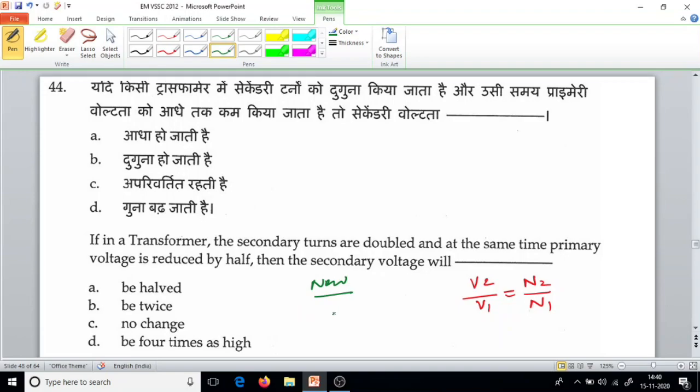The secondary turns are doubled, that is 2N2 by N1. At the same time, primary voltage is reduced by half. That is V2 divided by V1, made as half of V1. Now I will cross multiply this half to this side, so both will get cancelled. So the answer is there is no change. It remains the same.